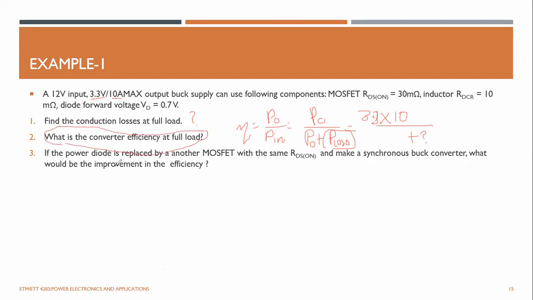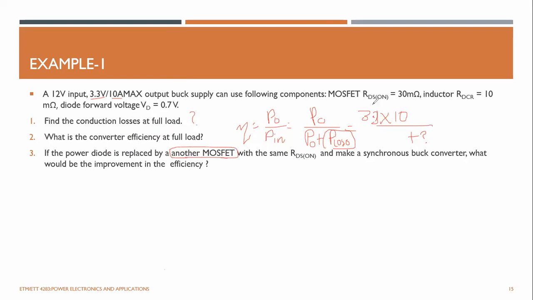Very simple. So now they are asking, what is the converter efficiency if the power diode is replaced by another MOSFET? Which means someone wants to change this asynchronous buck converter to a synchronous buck converter by changing this power diode to another MOSFET to improve the efficiency.